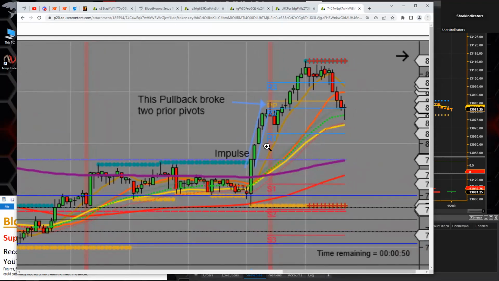This was the last example I was looking for to help explain all the variations that can happen with the pullback, right? So we can see we have a swing high here. We get this long up bar that breaks it, but then price keeps going higher and higher. And then finally we get a down bar.